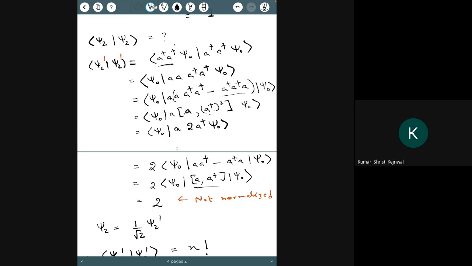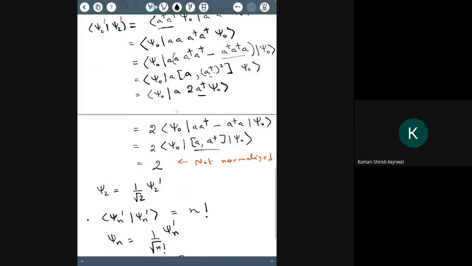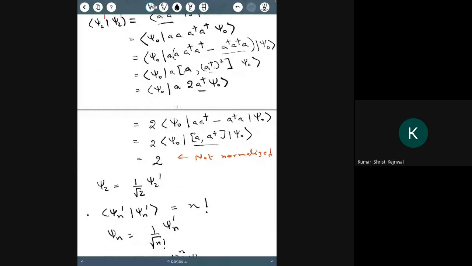Oh yeah, I would have got an A dagger square over here. If I had a cube here, then I would have got an A dagger square over here. So I would have to repeat this process one more time, and then I would get another 2 from that. Do you get it? What happened?